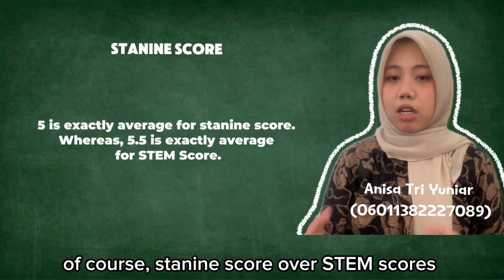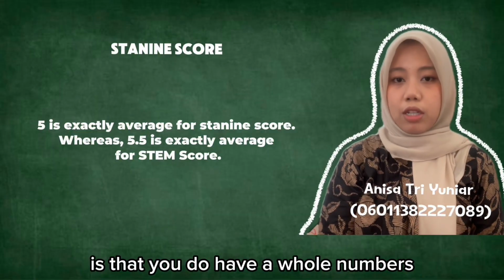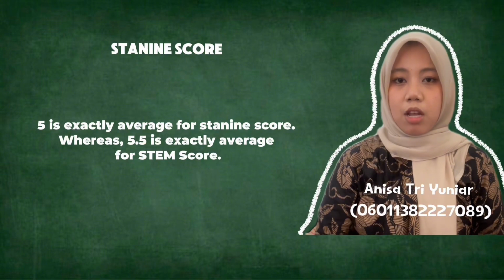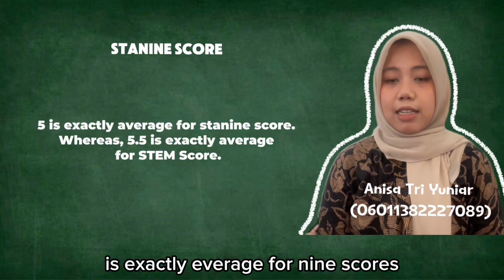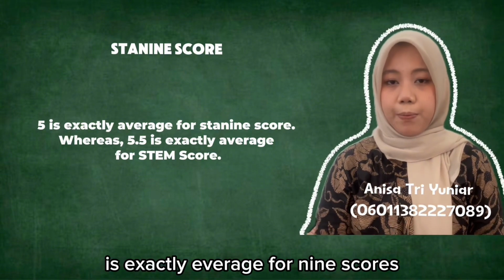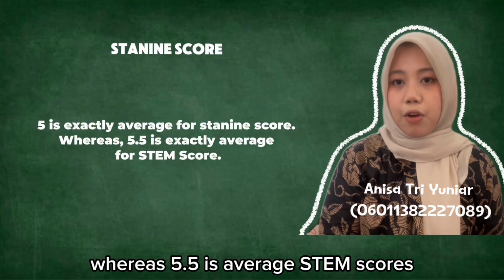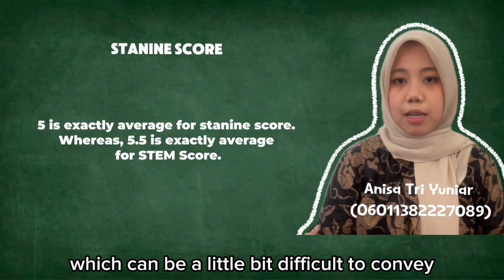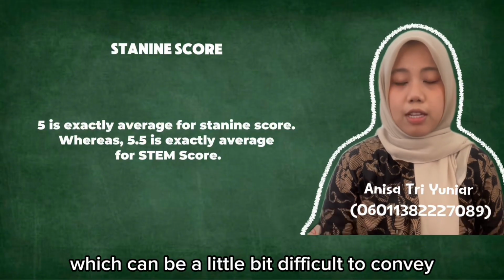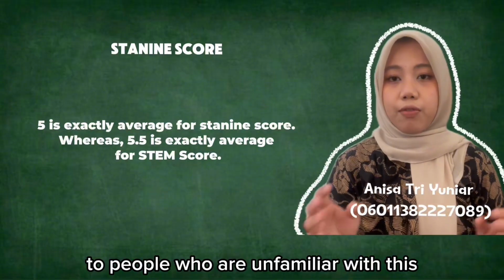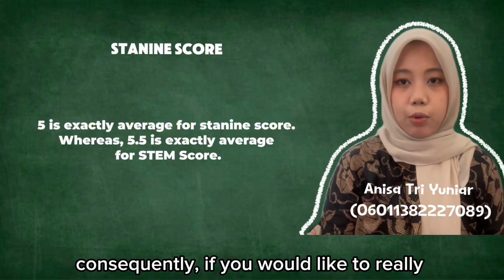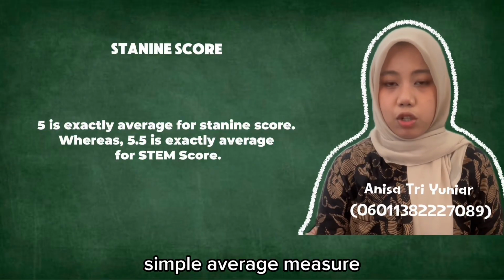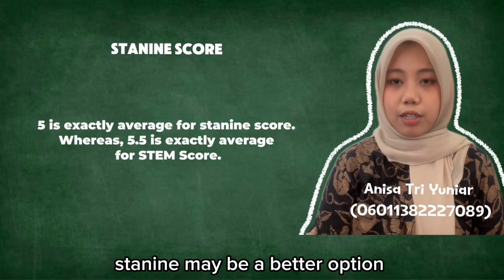Of course, the advantage of stanine over STEM score is that you have whole numbers. Average 5 is exactly average for 9 scores, whereas 5.5 is the average for STEM scores, which can be a little bit difficult to convey to people who are unfamiliar with this. Consequently, if you would like a really simple average measure, stanine may be a better option.